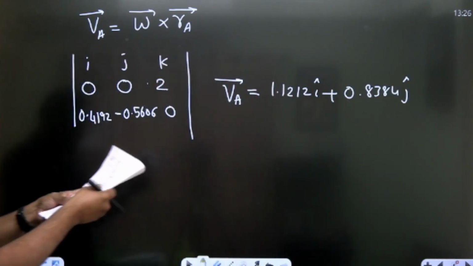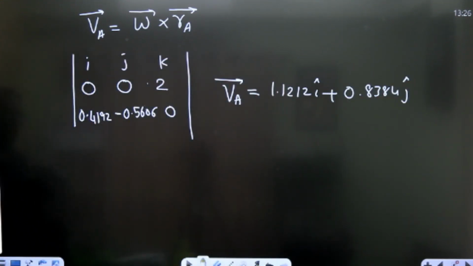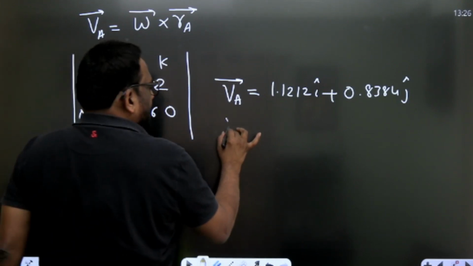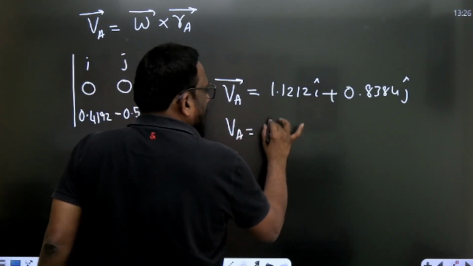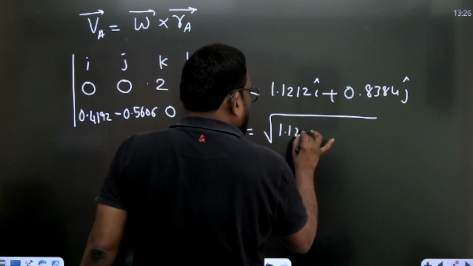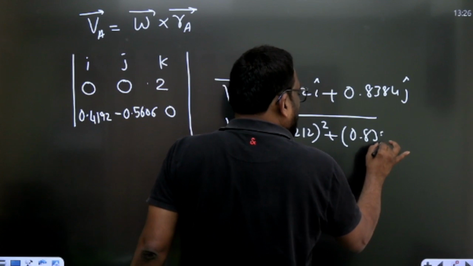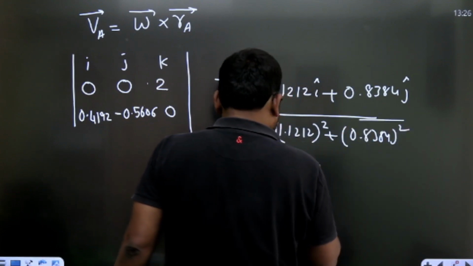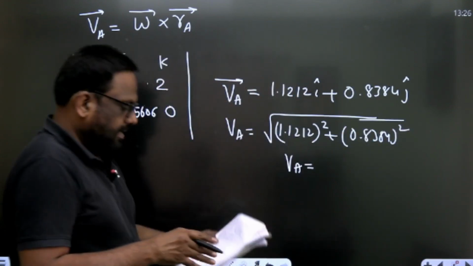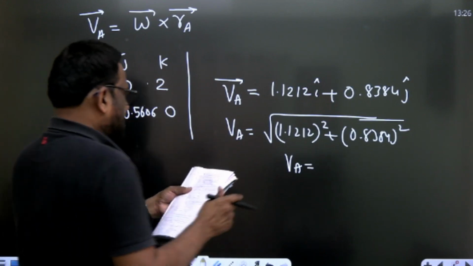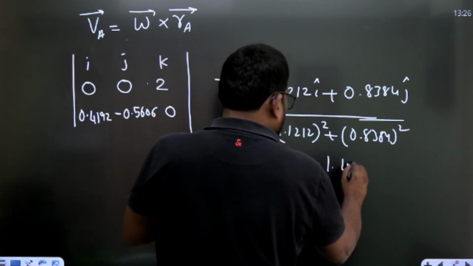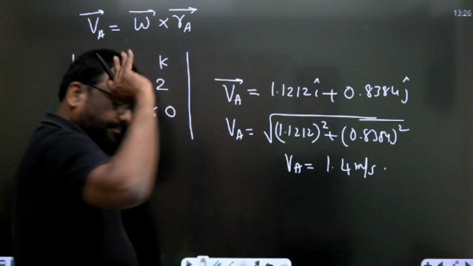Very good, sirs. Absolutely fine. So let us find out the magnitude. It will be under root of 1.1212 square plus 0.8384 square. If you calculate, you will get the same answer as 1.4 meter per second, which we got earlier.